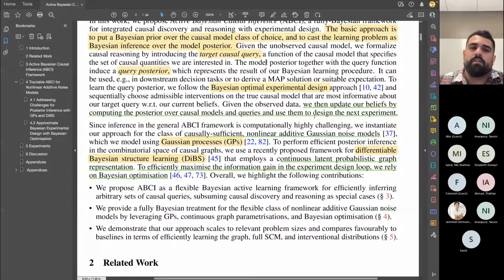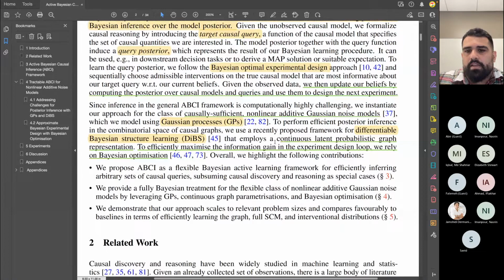They have formulas and, as I mentioned, a utility function that they try to maximize to design the next experiment in the next cycle. It is a very interesting work, and it uses many different concepts all together to come up with this algorithm.